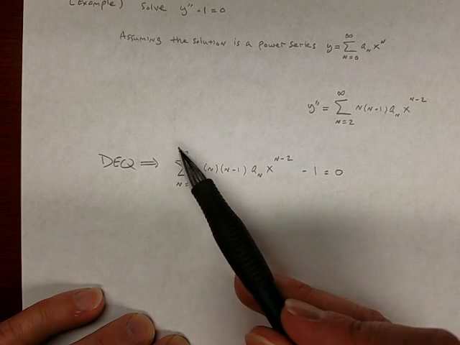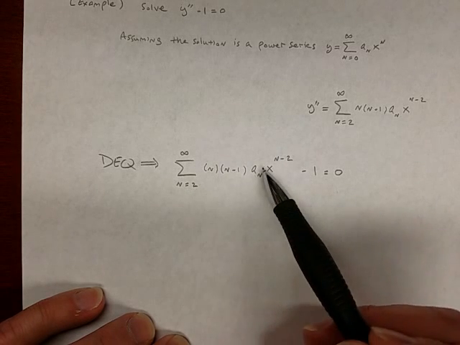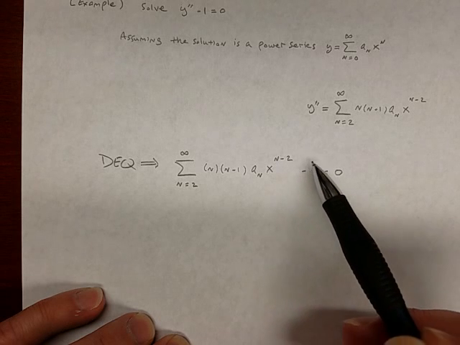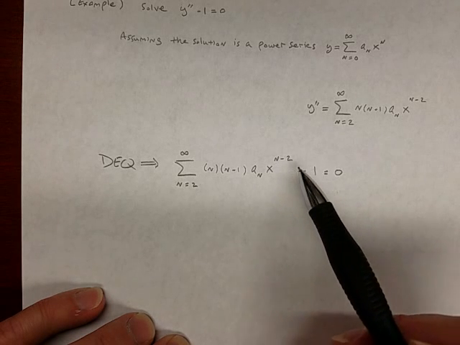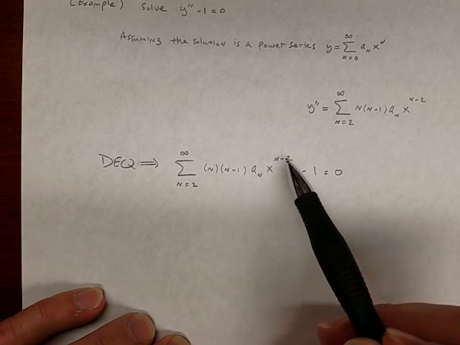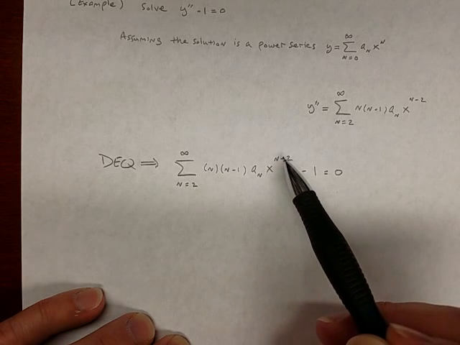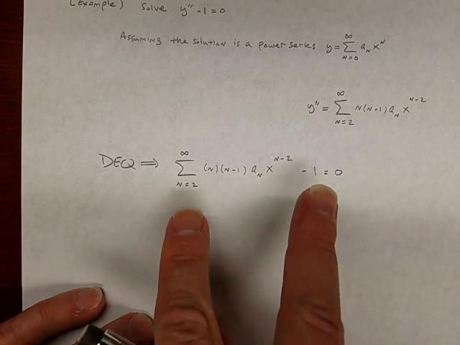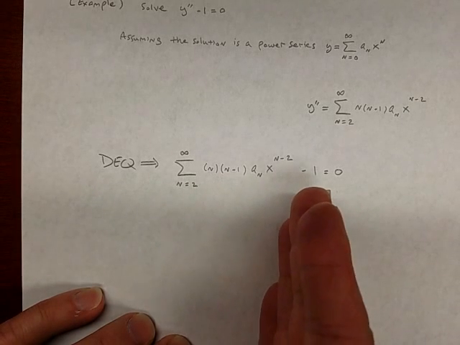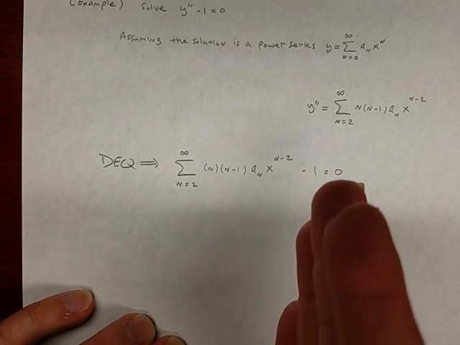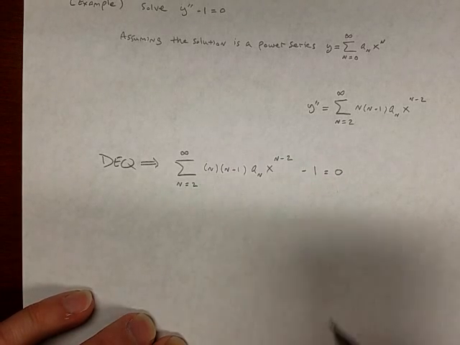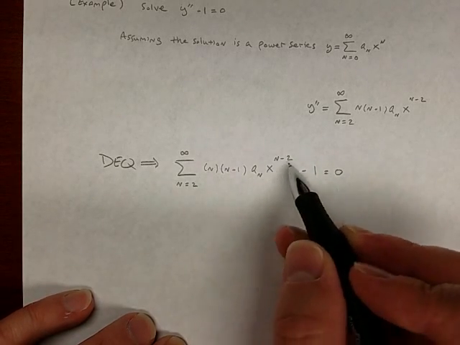This one is a power series, but it starts with the constant term, so I'd have to group that together with this one. If I took the constant term out, the next term would have order x to the first power. So in order to arrange it so that I can identify the order of every term, and then set them to 0, I'm going to have to take out the constant term.